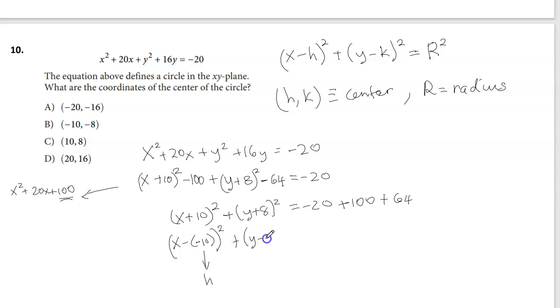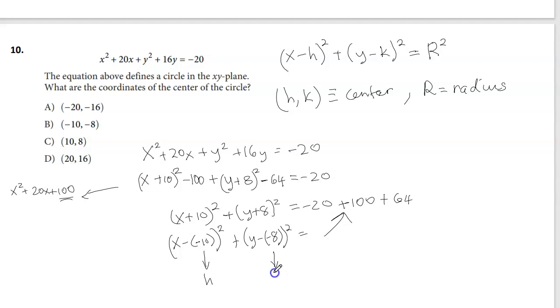And then we do the same thing here. Y minus minus 8, which is equal to all this, right? I'm only writing this so that we can see what is going on. But with practice, you always know that whatever numbers you get, you apply negative to them to get your final answer, right?